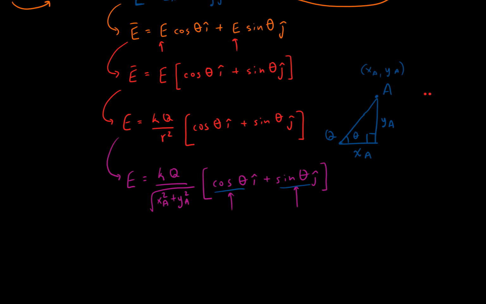We can exploit the properties of a right triangle to substitute for cosine theta or sine theta, should we not know what theta is, and if we should know what the magnitude of the hypotenuse is.